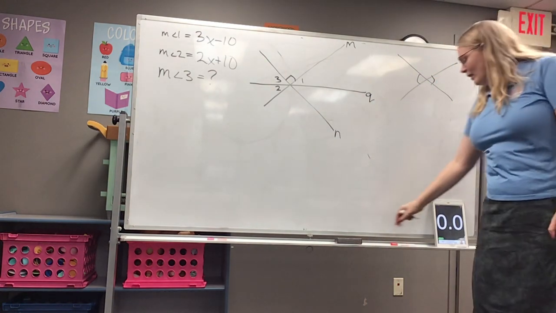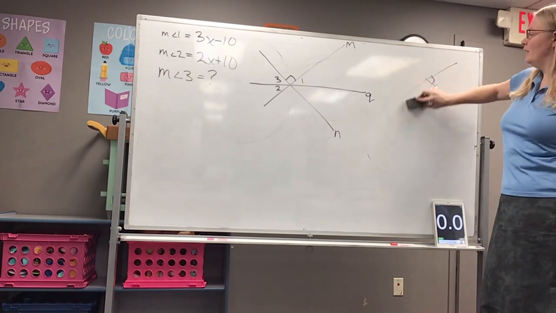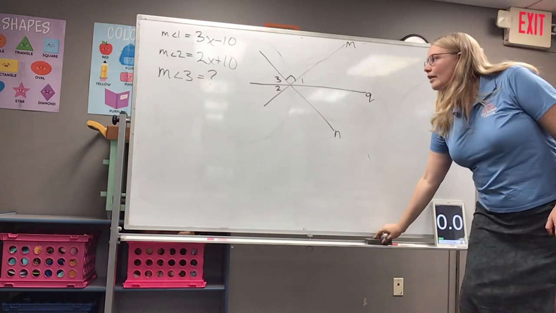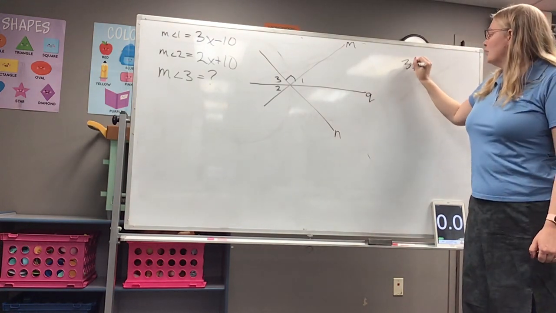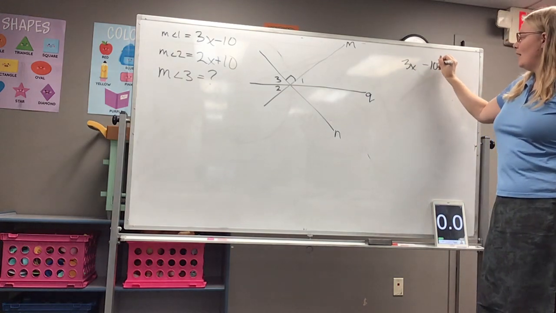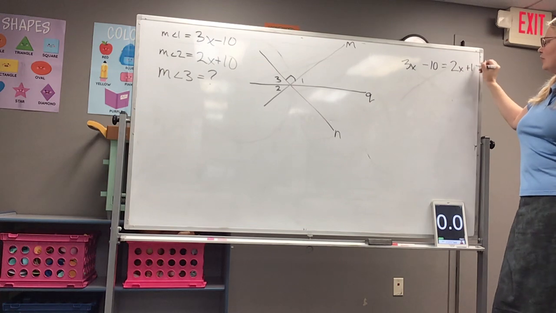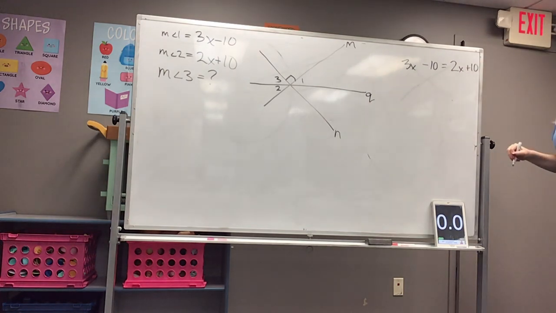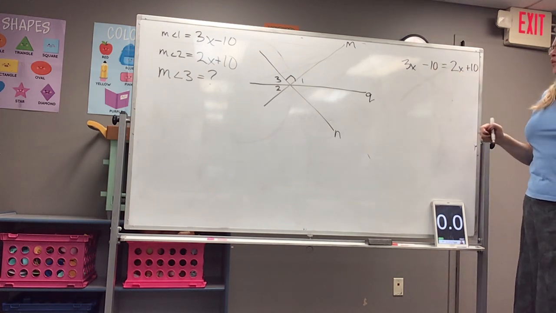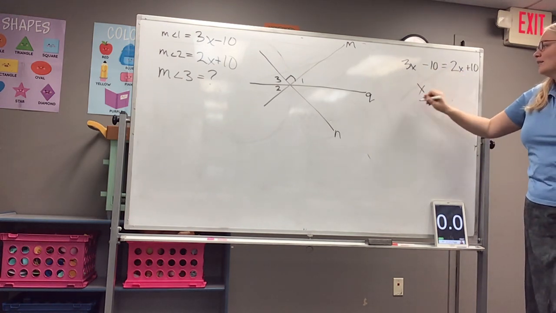And so back into the algebra solving, that tells us that 3x minus 10 is equal to 2x plus 10. Solving very, very simple here. Every x except 1 cancels out, and so we have just x.